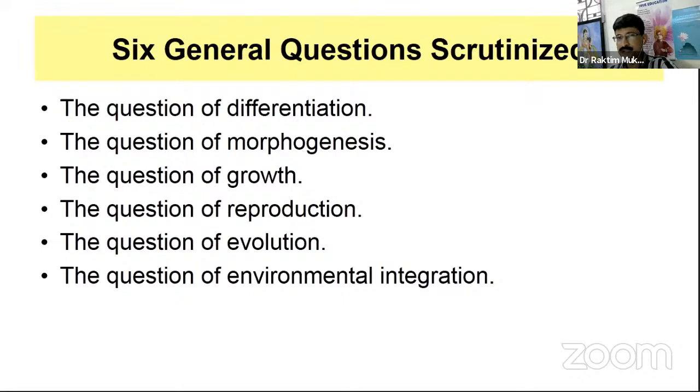At this point, I would like to tell the students that the terms and terminologies of developmental biology itself feature some 50% of the questions in CSIR-NET. Another 50% would go with your depth of understanding of a particular topic.